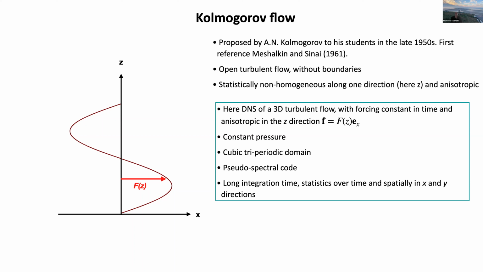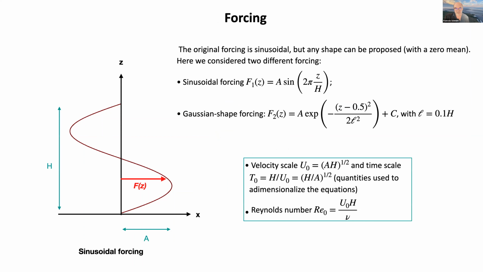So we did some DNS of this flow using a pseudo-spectral code, and we are making long integration times, and all the statistics are done over time and also spatially over x and y directions. And we consider two forcings. One is the one originally proposed by Kolmogorov, a sinusoidal forcing. And another one, because in fact this approach can be done even if the forcing is not sinusoidal, and we can make any kind of forcing for this. What we need is only that the average mean velocity is 0.